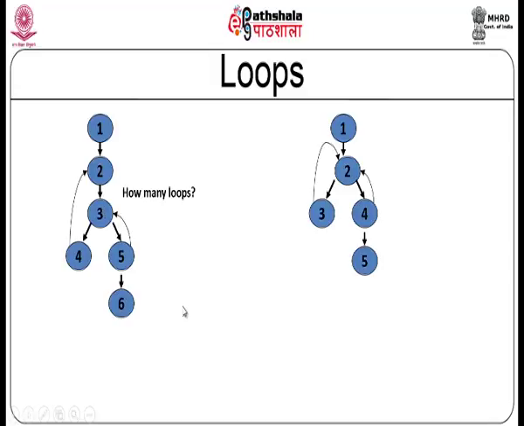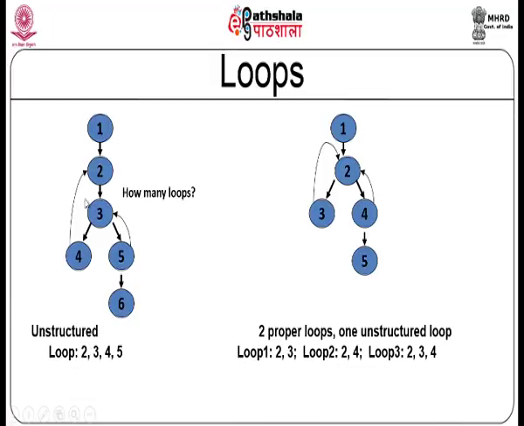So what is the problem here? The problem is this is unstructured, where there is a loop 2, 3, 4, that is one loop, and the other one will be 2, 3, 5, that is one more loop. Whereas on the other hand here, this is very clear in the sense that this goes back here, whereas this goes back here. So multiple entry and multiple exit.